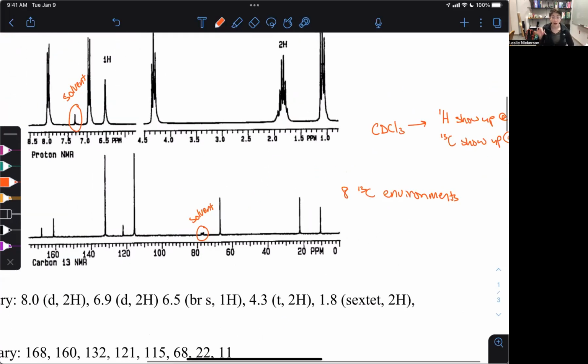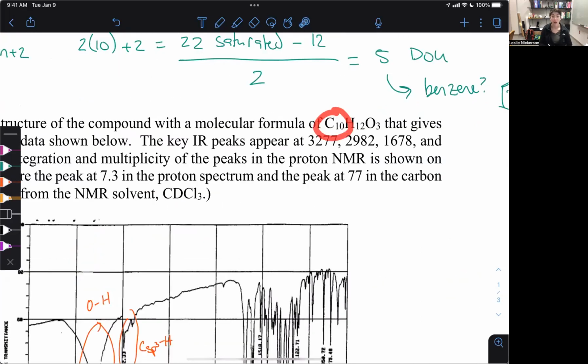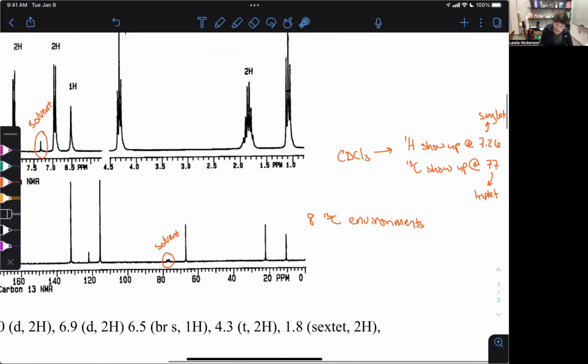When I compare that number, 8, to the fact that I've got 10 carbons up here, that indicates to me that not all of the carbons in this molecule have a unique environment. Some of them are equivalent to each other. As soon as you say that number is less than 10, I have to have symmetry.